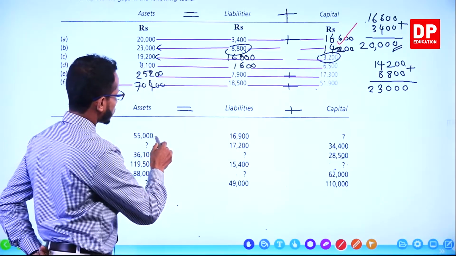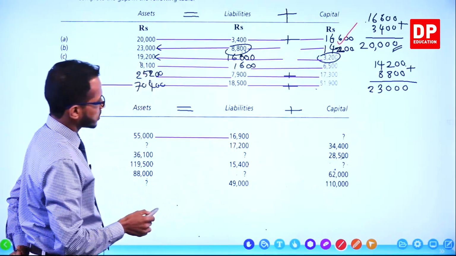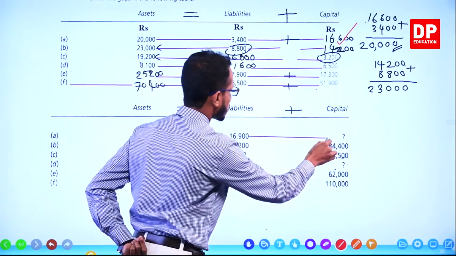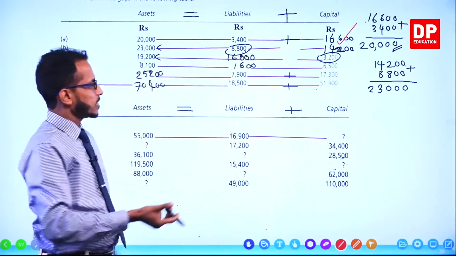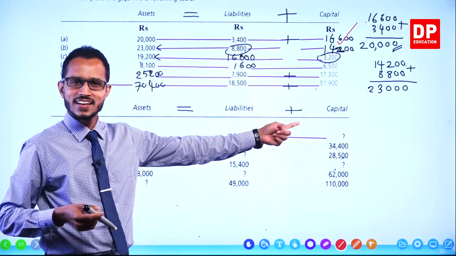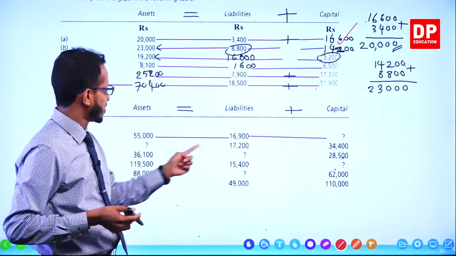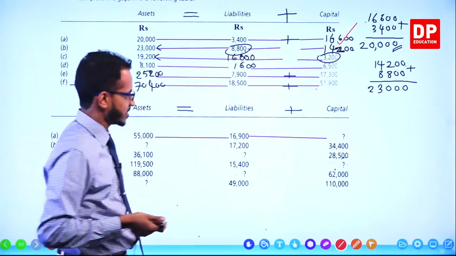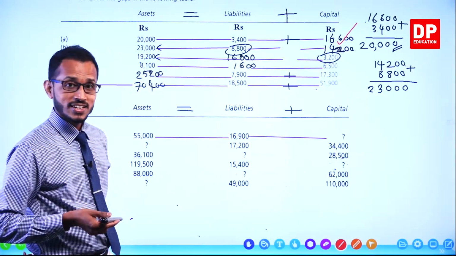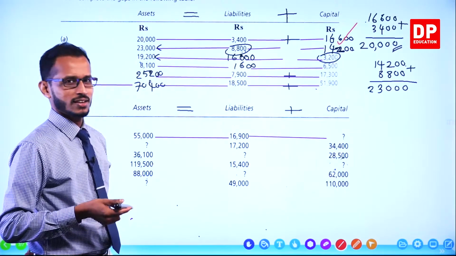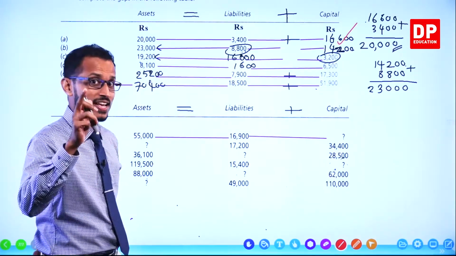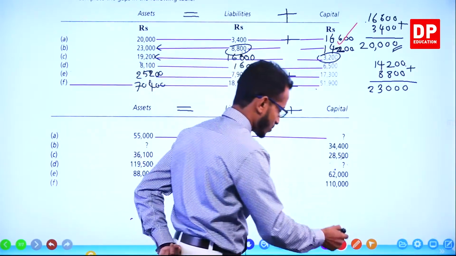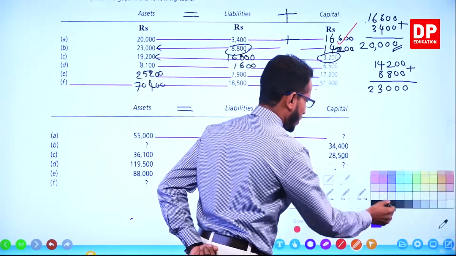Out of that we have liabilities of 16,900. And how much could be the capital? Tell me. How much did you get? 38,100. Right, that is my calculation.